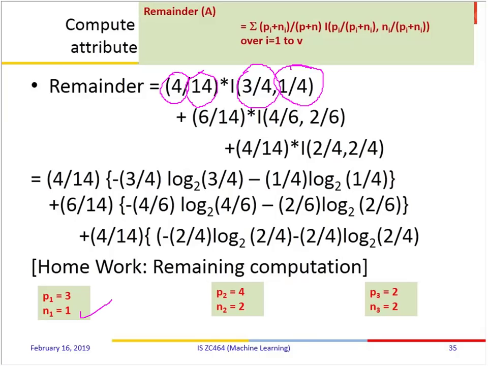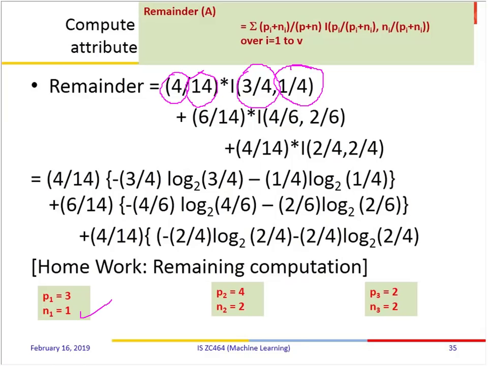This is P plus N. Okay. So have you understood the first term, 4 by 14 multiplied by I of 3 by 4 comma 1 by 4, right? This is only a representation of I. Then I will be computed as per the discussion we had: minus 3 by 4 log 3 by 4 minus 1 by 4 log 1 by 4, right?